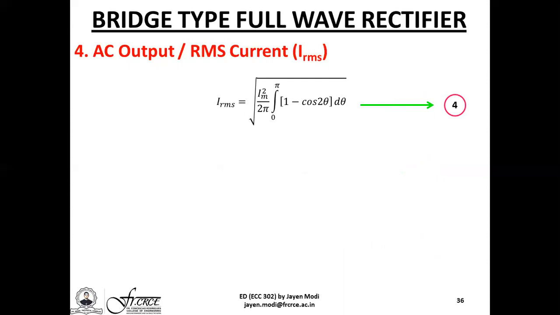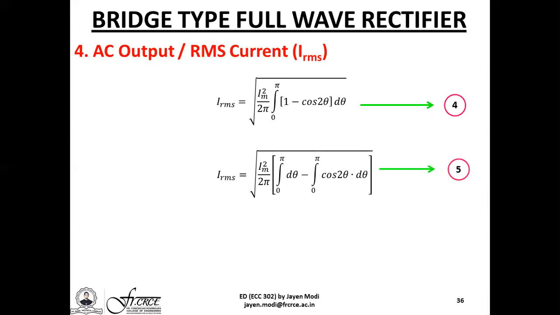Using the integration linearity property, both the terms can be separately integrated, which finally gives us IRMS is equal to square root of Im square upon 2 pi brackets open integral d theta, lower limit is 0, the upper limit is pi, minus integration, the lower limit is 0, the upper limit is pi, cos 2 theta into d theta.